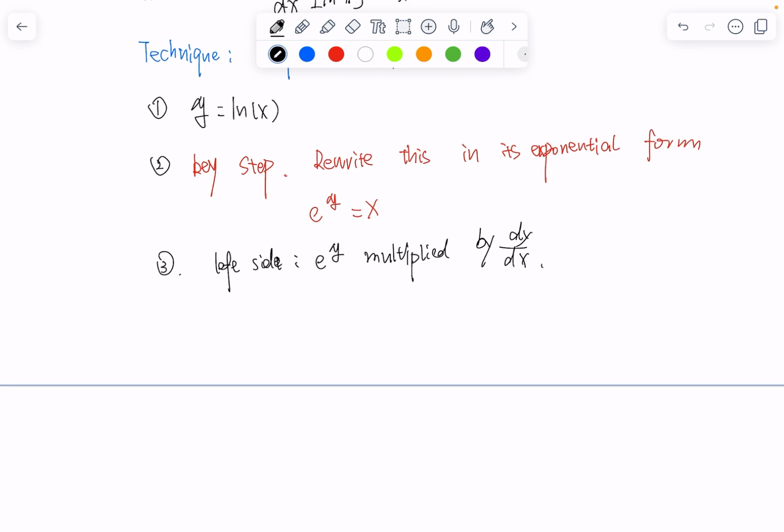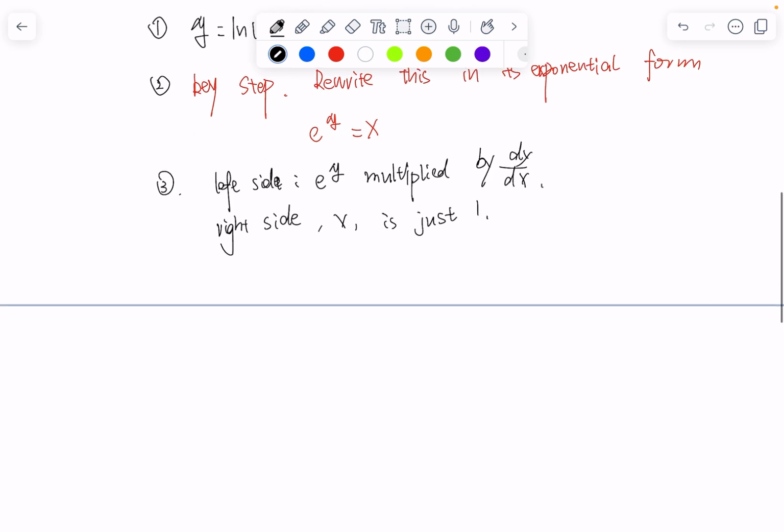The derivative of the right side, x, is just 1. So now we solve for dy/dx, which is what we are looking for. This one is step 4.